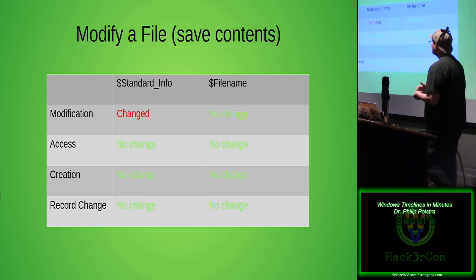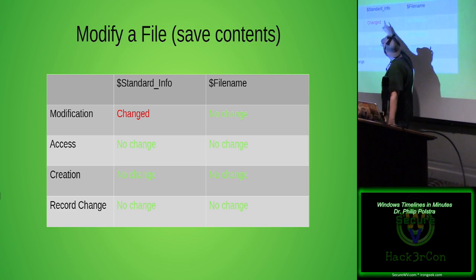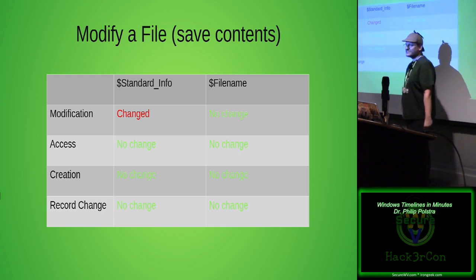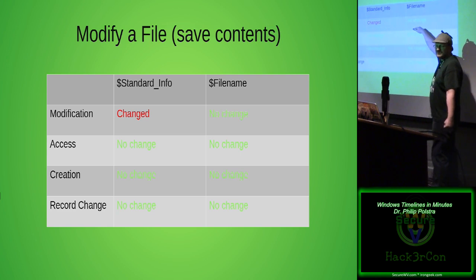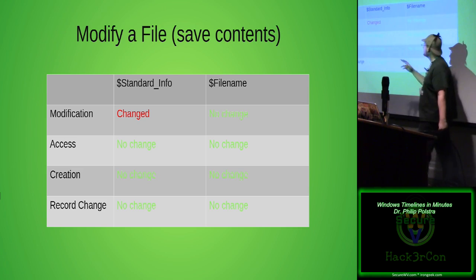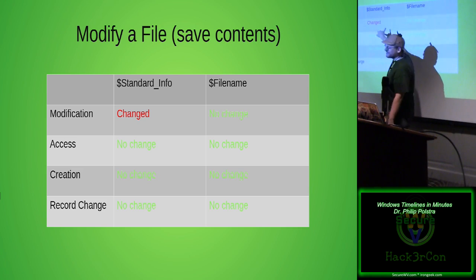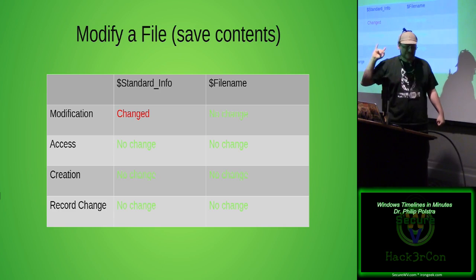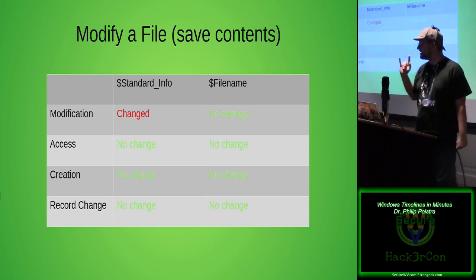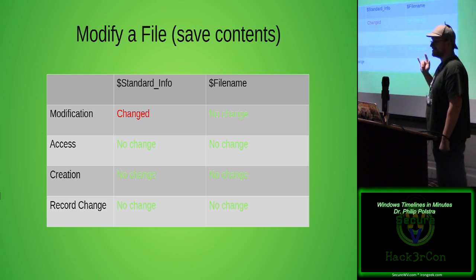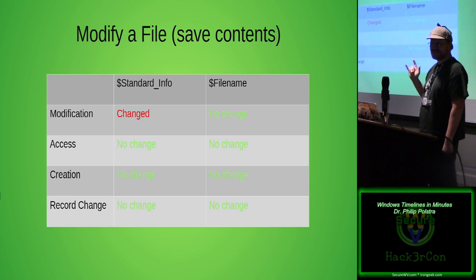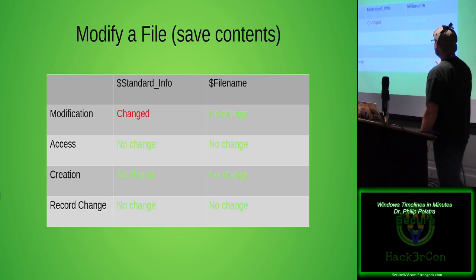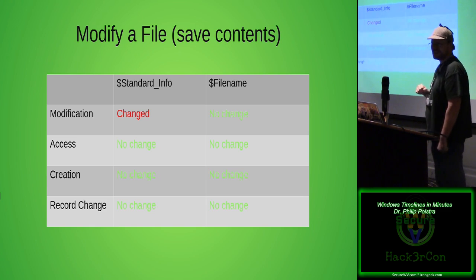If you modify a file, by modify a file, we mean you save the contents. If you have a dumb editor, you save the contents and they haven't really changed, the operating system doesn't know that. It's going to say, oh, you have changed this file. So if I save a file, the standard info modification time gets changed, but the file name attribute's timestamp doesn't get changed.